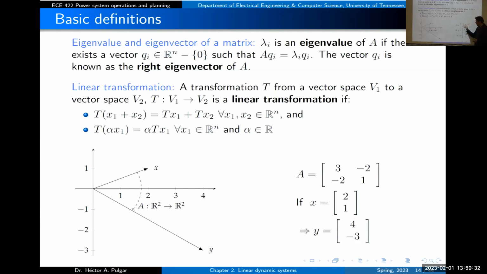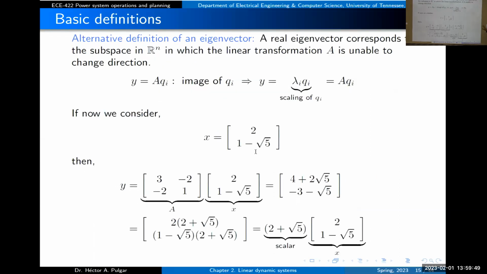But for any particular matrix, we are able to find a singular situation in which this transformation is unable to change that initial vector x. That is the mathematical definition you have for an eigenvalue and eigenvector.